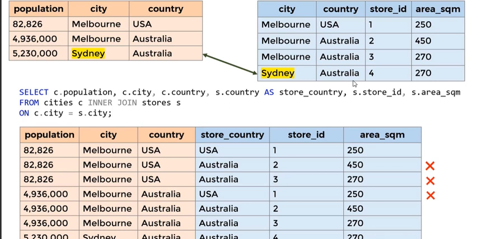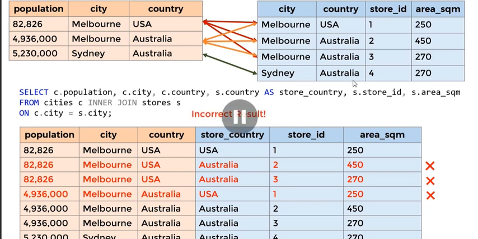And finally we have Sydney Australia joined to Sydney for store ID 4. This join has given us an incorrect result, as the query result includes rows that should not have been joined, because they refer to different countries.